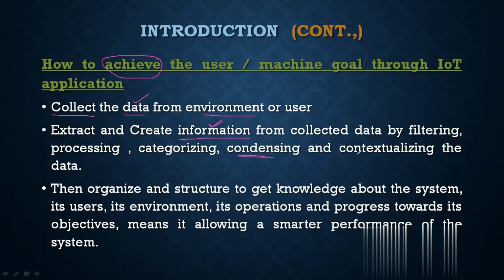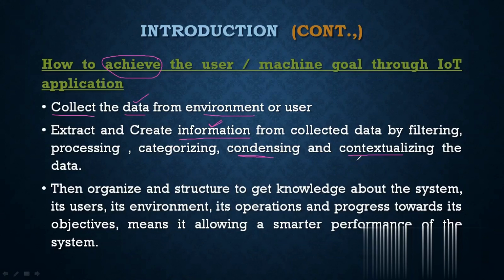After that, contextualize. Contextualize means this is the action performed on the condensed data. After performing condensing, next you have to figure out where we place all these items: in which shelf we place pulse items, in which area we keep the vegetables in the fridge, in which area we keep the chimney, in which area we keep the gas and gas stoves.